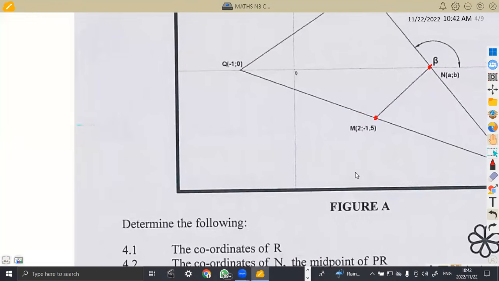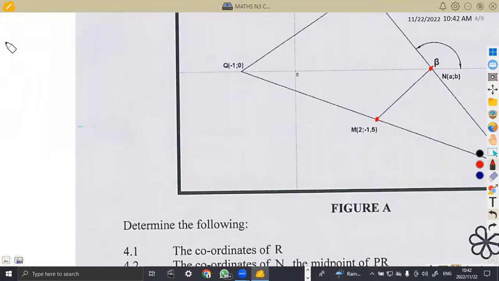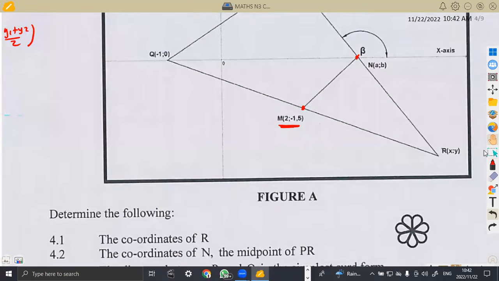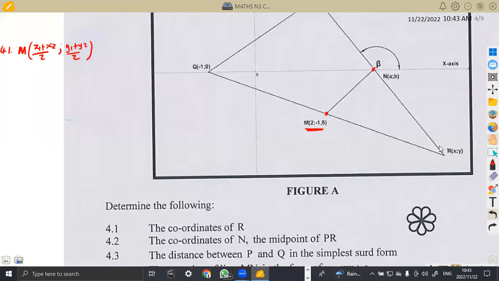Remember from the midpoint concept, you add the values x1 plus x2 over 2, then y1 plus y2 over 2. So for us to find this M, we added the values of point Q and point R together.